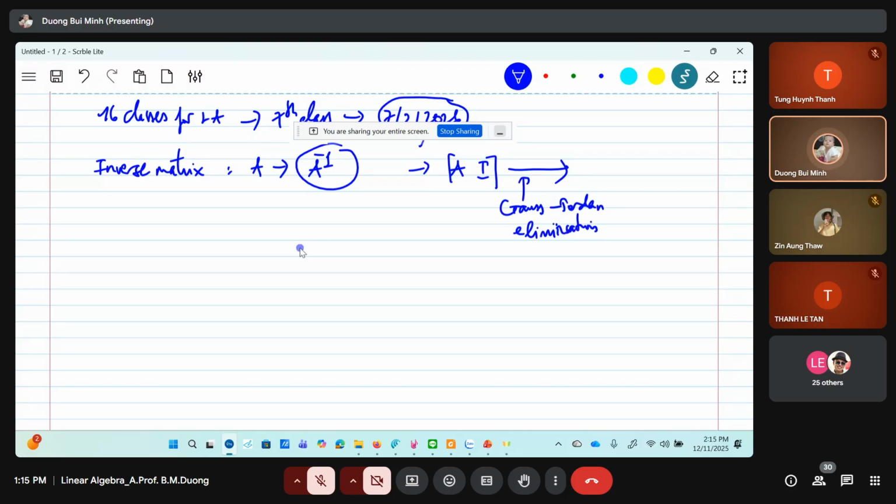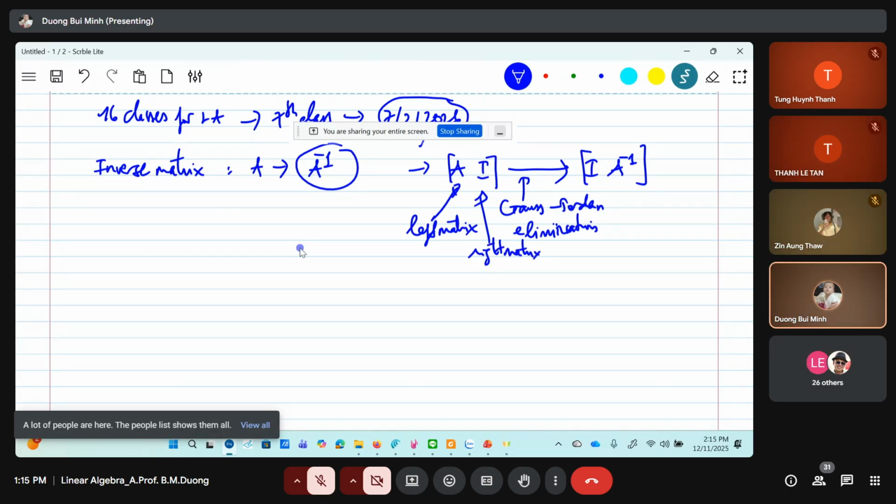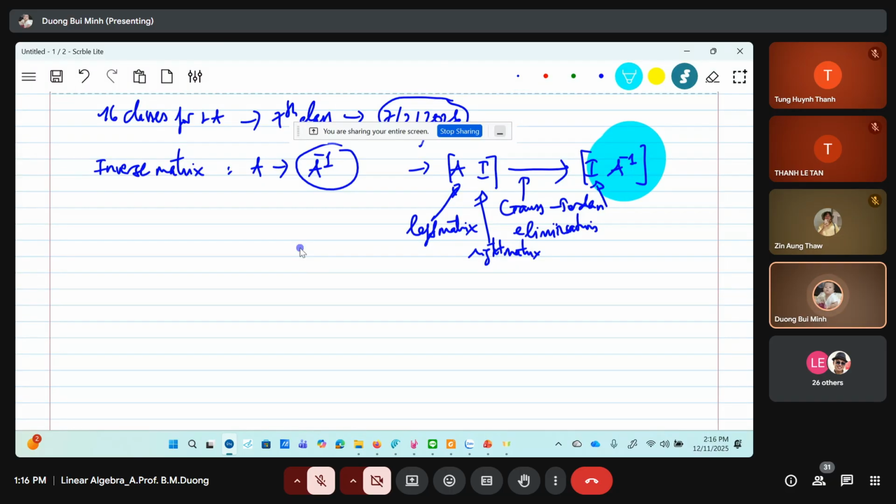You can see here this is the left matrix and this one is the right matrix. When we apply Gauss-Jordan elimination, the left matrix becomes the identity matrix, and the right matrix becomes the inverse of A, the inverse matrix.